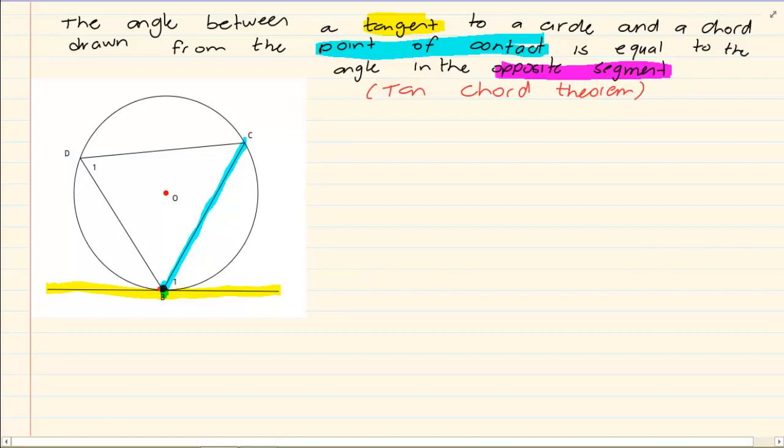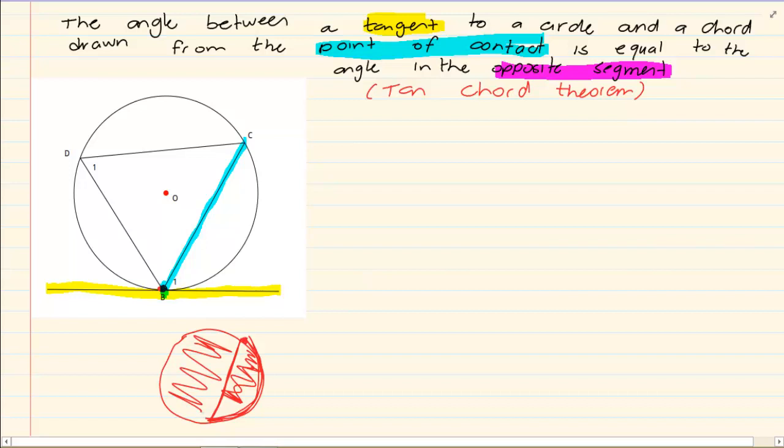What you must remember is that a segment, if I give you a circle and I draw a line, then we have discussed the segment. If you take this arc here that is created by the line that you've drawn, then this would be the one segment and this would be the other segment.